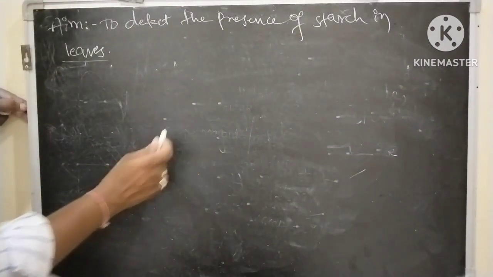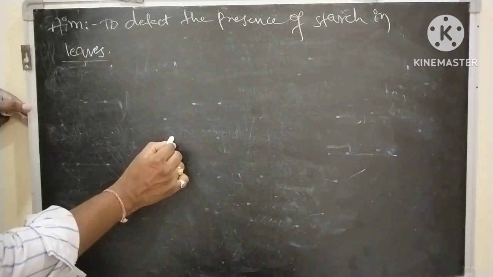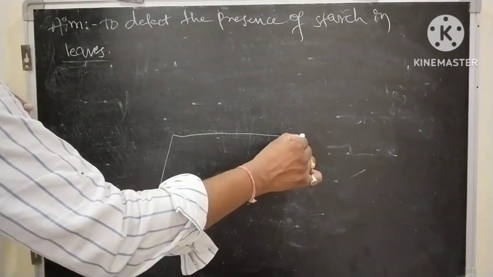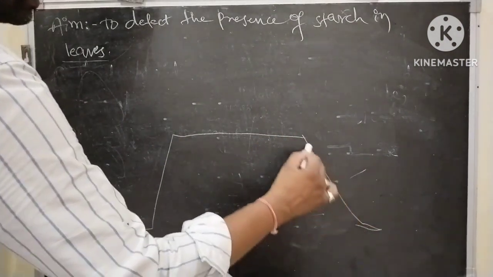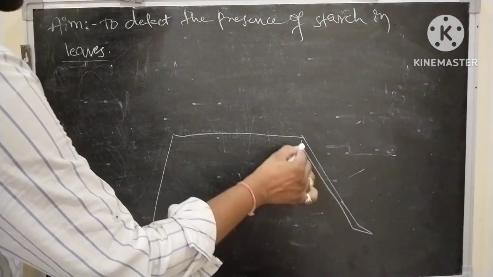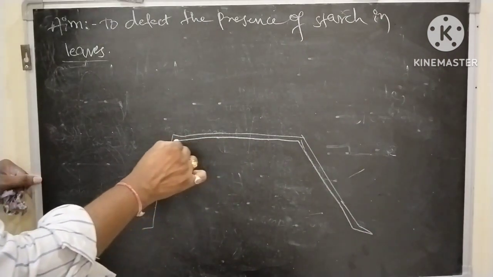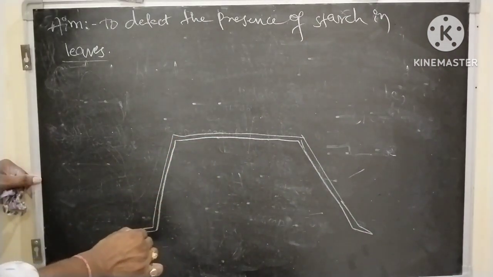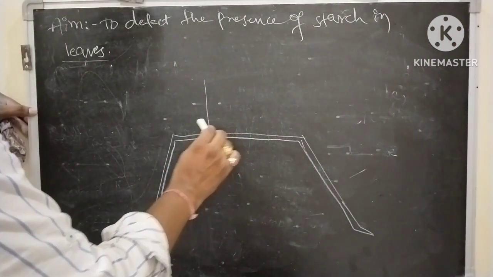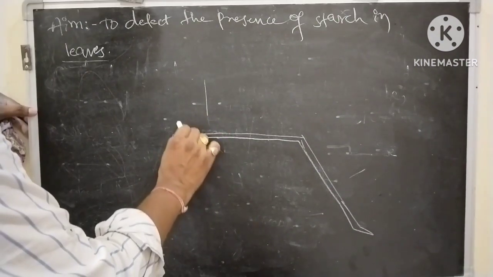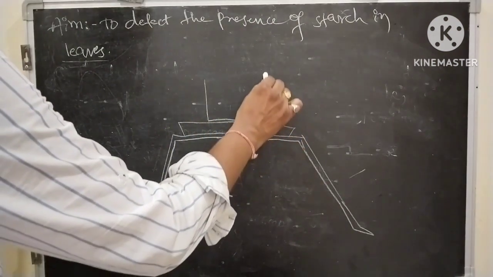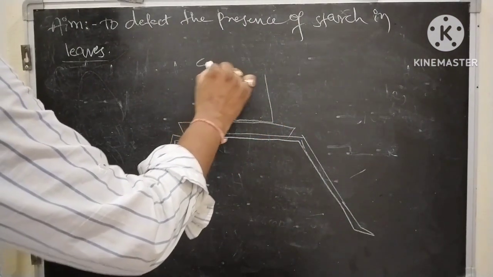First of all, we have to take a tripod stand. Then we have to take a small beaker. Before the beaker, we have to place asbestos gauze, and a small beaker and a boiling tube.